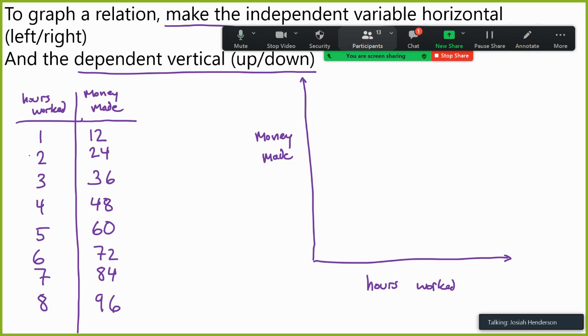So now we're going to put the numbers for our independent variable along the bottom. So hours worked should go from 1 to 8 because that's what's in my table. And there's no real reason for us to go past that because in this scenario, it said it was a maximum.